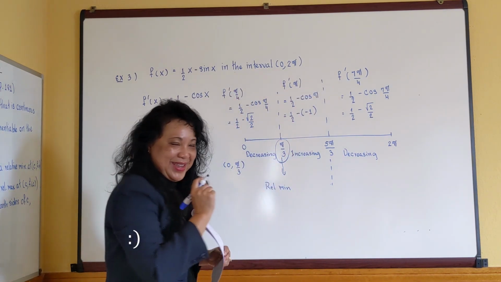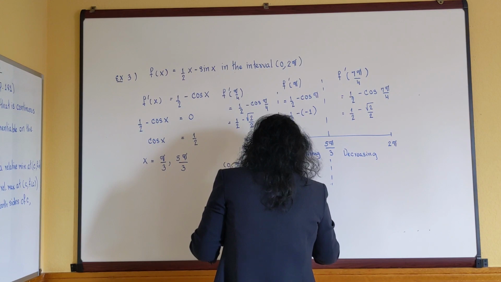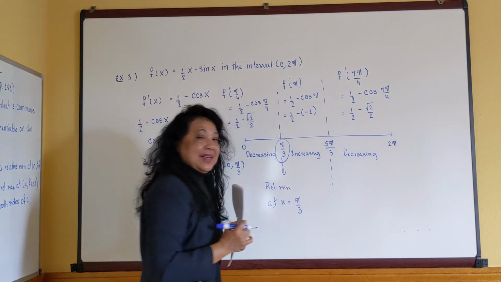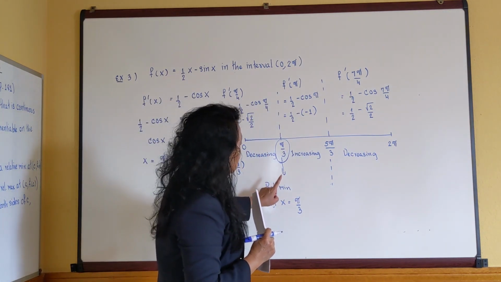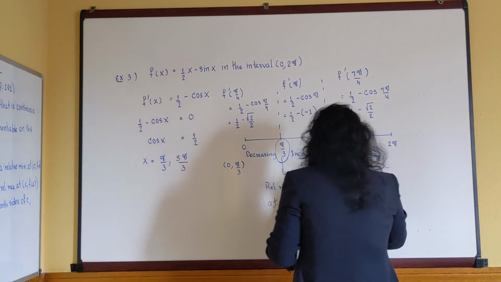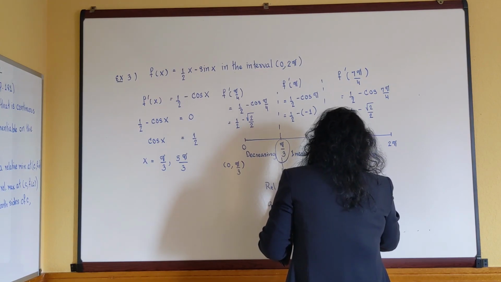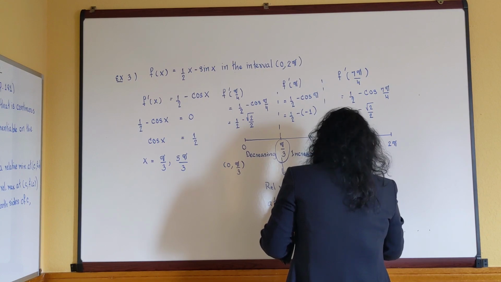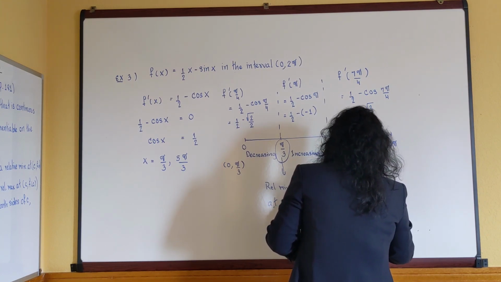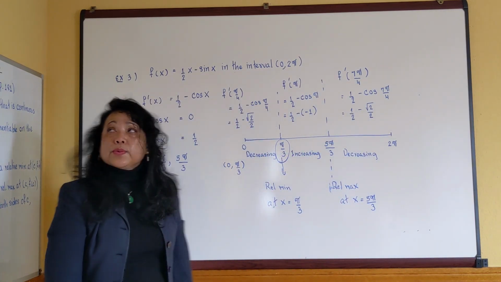Yes, relative min, at x equal to pi over 3. Alright, now look at this one, it is increasing and then decreasing. So this is a relative max right here, at x equal to 5 pi over 3.